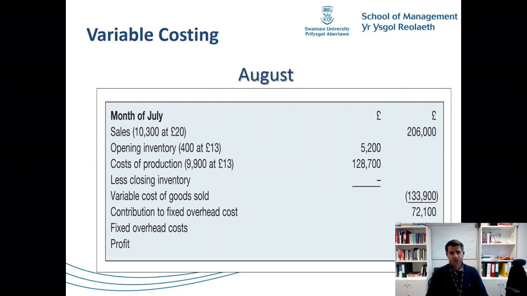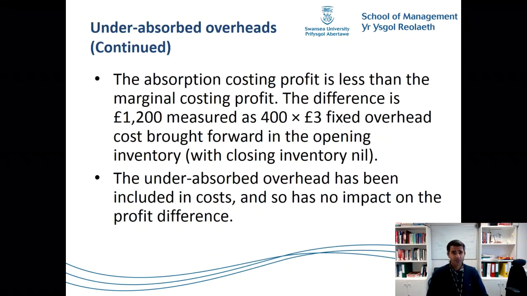At the end you need to deduct the fixed overhead, which is 7,200, so that comes to 7,200. If you minus 30,000, you should be able to find the profit of 42,100, and that's the profit under variable costing for August.